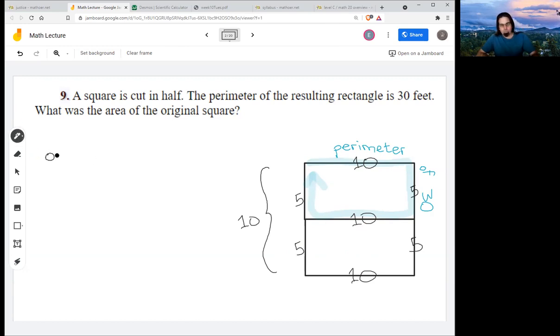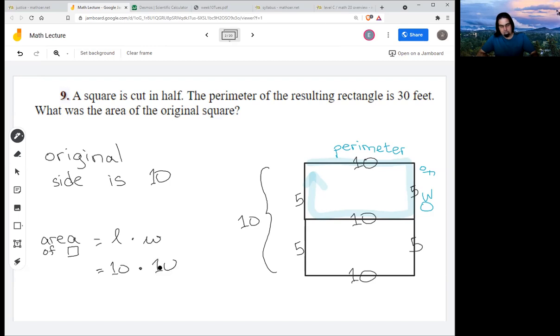Okay, so we got that the original side is 10 and the rest is easy. It's again square feet.